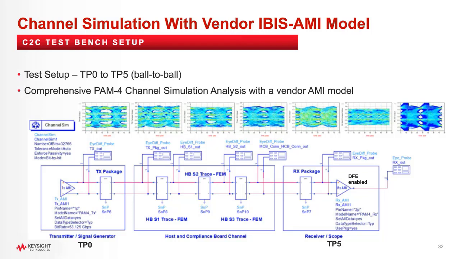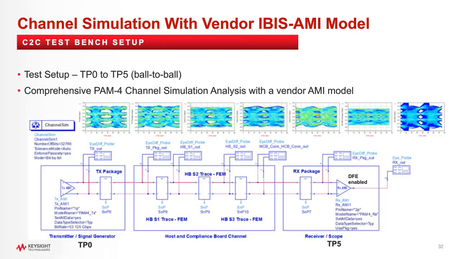The setup is for C2C, which is from TP0 to TP5, also called a ball-to-ball configuration. Using the eye probe in ADS, we can pick up any eye data at any location of the channel. From the results shown in the slide, notice that the receiver IBIS-AMI model comes with DFE enabled.